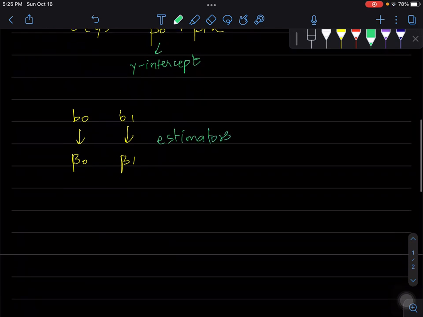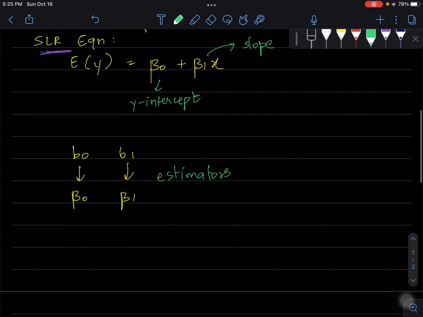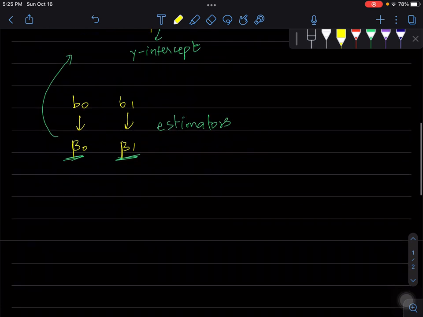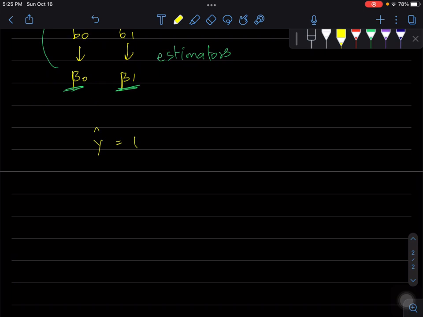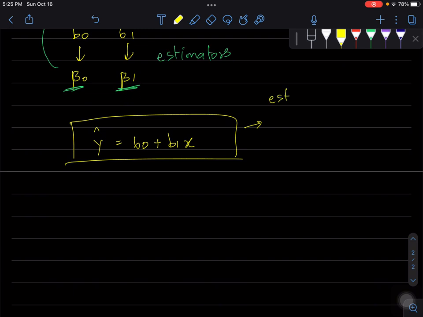If we substitute these estimators into the equation, what we get is called the estimated simple linear regression equation. Anything that is estimated, we put a hat on.